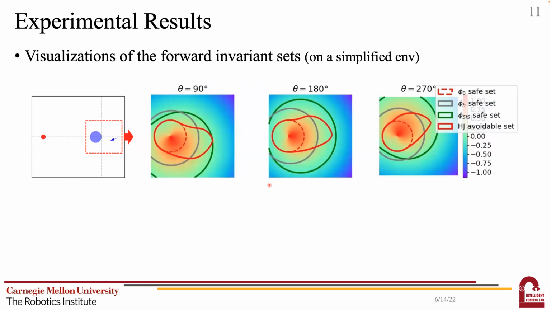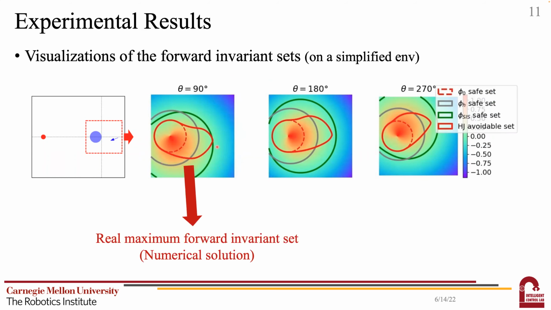Moreover, we also want to visualize the forward invariant sets on a simplified environment. This red line is the boundary of the real maximum forward invariant set. This set is numerically solved by Hamilton-Jacobi reachability analysis. Notably, states outside this red line are in the forward invariant set. Before synthesis, the invariant set is the green line.